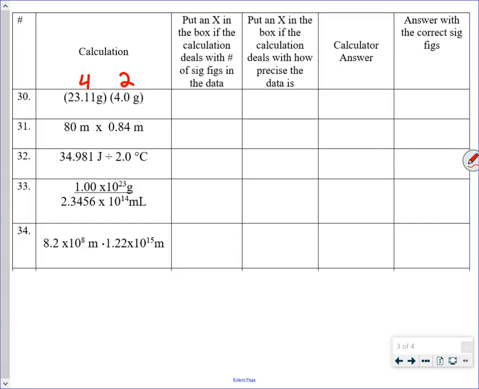Now, if you're checking these boxes, all 5 of these multiplication and division boxes are related to the number of sig figs in the data. I plug this in, and my calculator is going to tell me that I have 92.44.